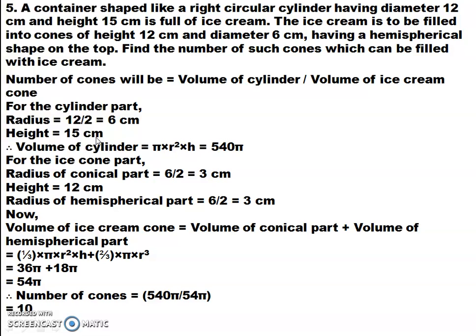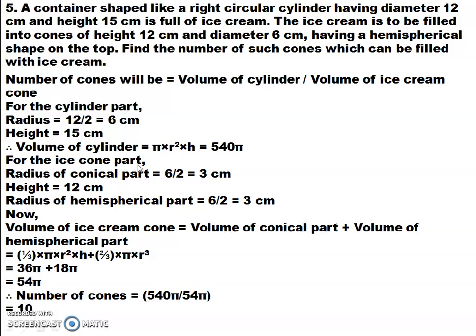Height is equal to 15 centimeter. So you are calculating pi r squared h. It is 540 pi. As you have pi in all the formulae, it will get cancelled, so don't calculate pi along with it. Just write pi. 540 pi.